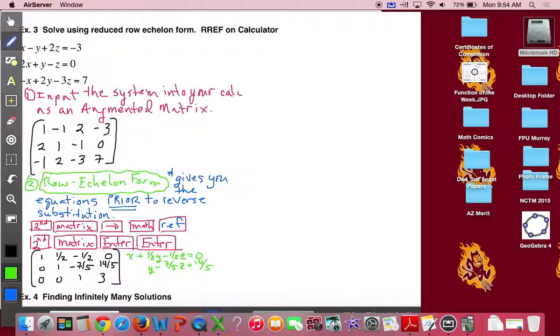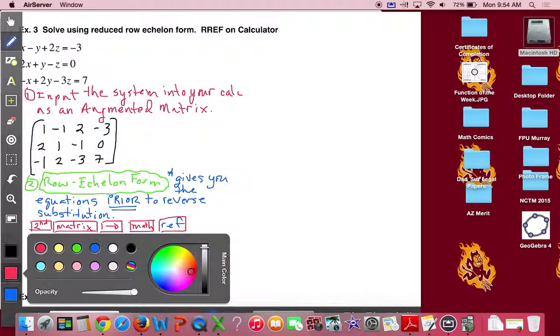And then we have no x or y, but we do have z equaling 3. So then from there, we could use reverse substitution and then go find x and y going above. Well, why do that when your calculator will actually do the whole thing for you? Okay, so I personally wouldn't use that, but your Math Excel is going to ask you for that.